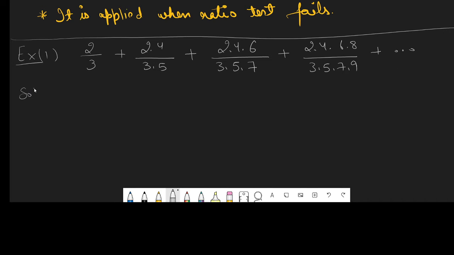So now to apply the test, first we need to find out the un term. So here if you see, un term will be 2.4.6.8 up to 2n divided by 1.3.5 up to 2n plus 1.